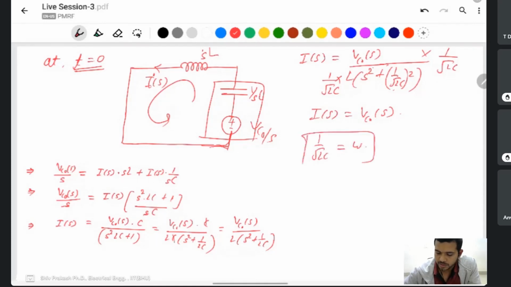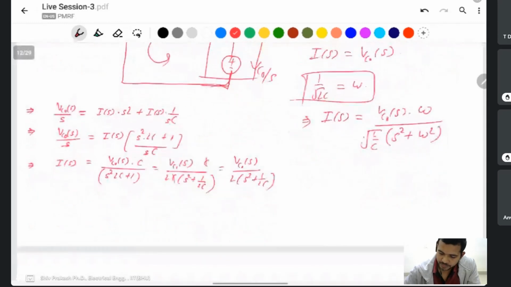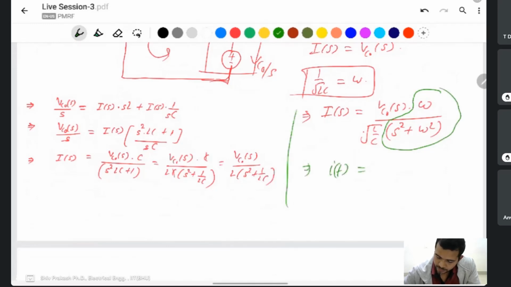Let omega equal 1 over root LC. We find VC naught times omega divided by s squared plus omega squared, times the square root of L by C. You know this is the Laplace transform of the sine, so we get VC naught times root of C by L times sine omega t.